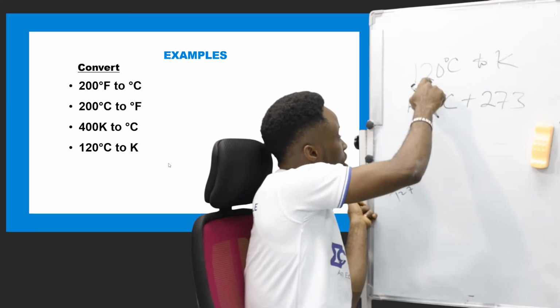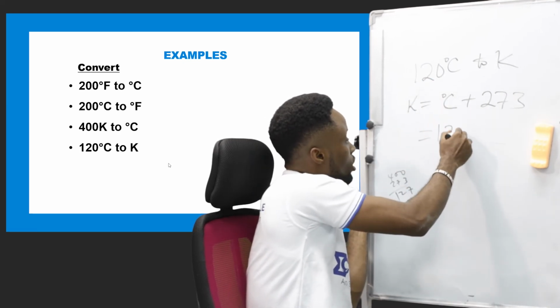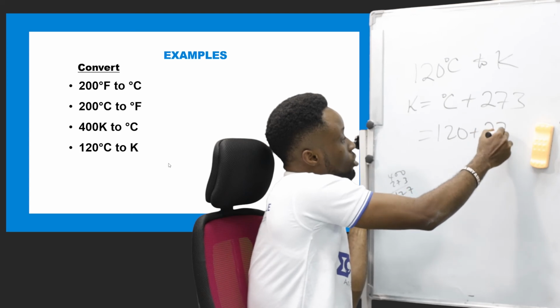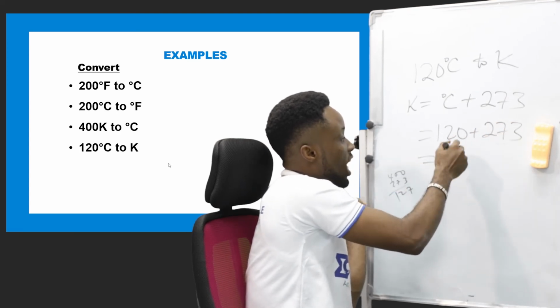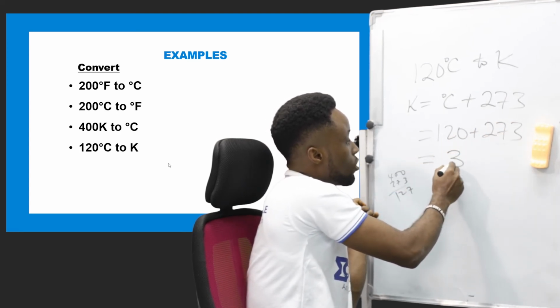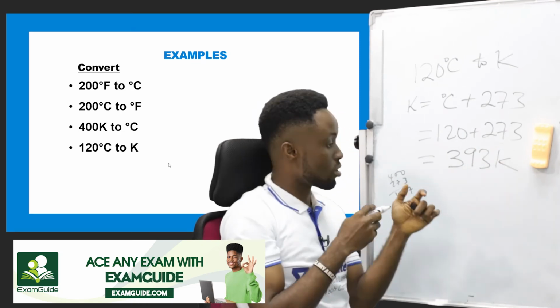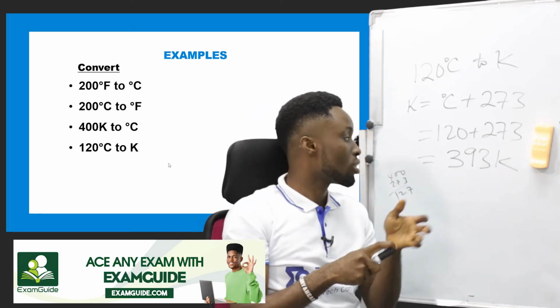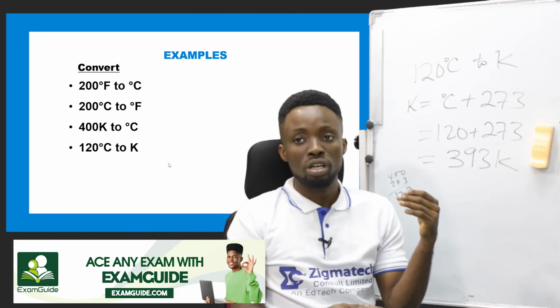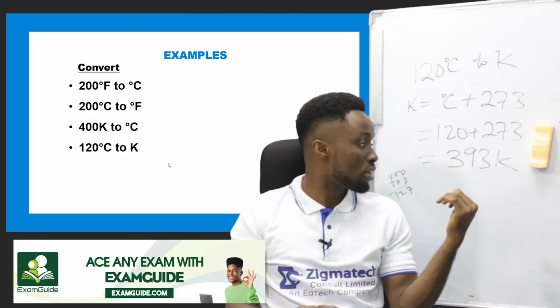So we put in the value of Celsius here, which is 120 plus 273. So when you add this, you're going to have 393 Kelvin. So it means that 120 degrees Celsius converted to Kelvin will give us 393 Kelvin.